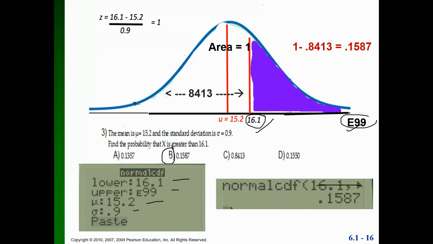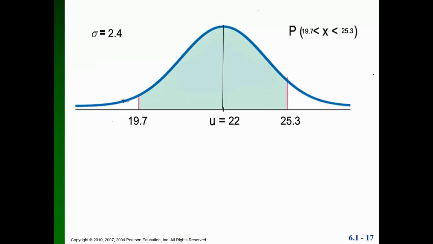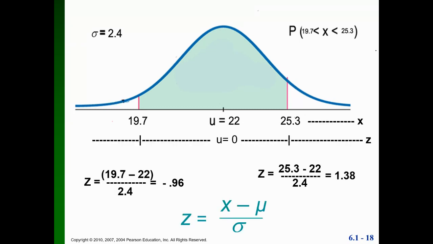Now here's a case where the calculator returned exactly the correct answer. Didn't need the table. Here's one where, if you're using pencil and paper and the table, you'd have to change this to a z-score and that to a z-score. Find the area all the way back, find this area, and then subtract the two, and you would have what you're looking for. Take some time.